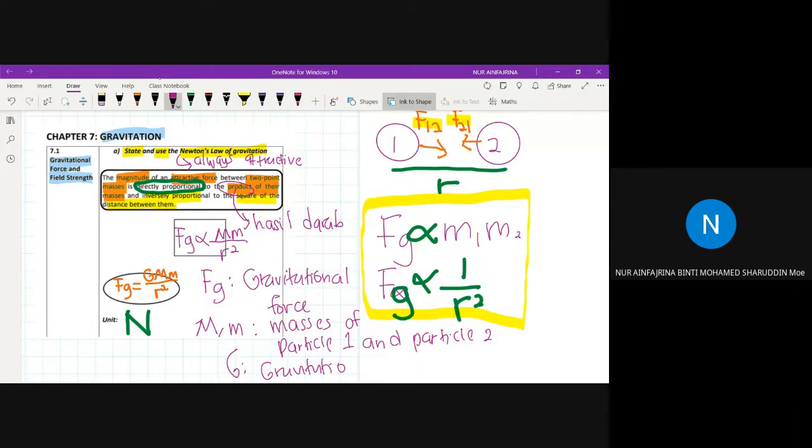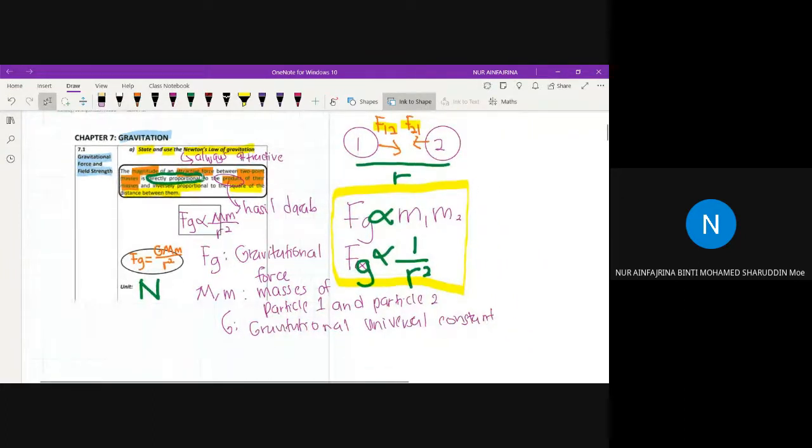Gravitational universal constant. Okay, so for the gravitational universal constant, its magnitude is always the same. Maksud means it is the same, as in 6.67 times 10 to the power of negative 11, and the unit is kg to the power of negative 2 m squared.